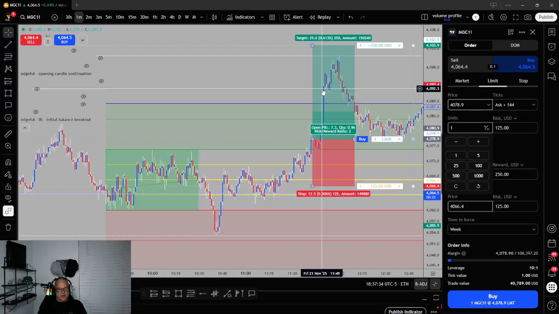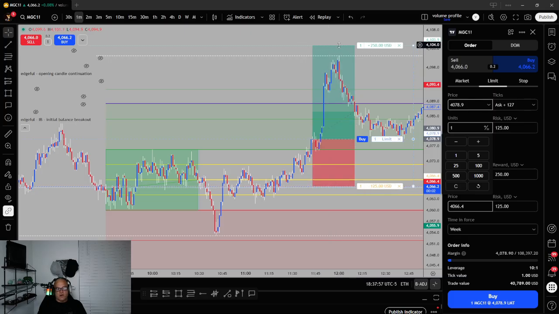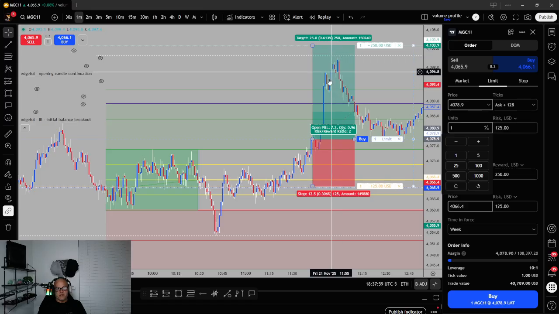Or I can decide to just take the entire trade right here, but I'm not going to do that. We push up even further. We come back and retest, and then we start pushing up again. Now my stop is going to come just below the 1 deviation line because we've already tested it and we broke the previous high. So I'm looking for continuation up to the top of my trade.